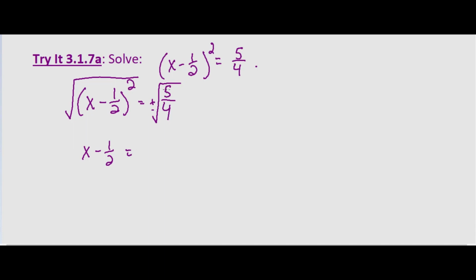Now with this, 5 is not a perfect square. 4 is. So we separate this into plus or minus square root of 5 over the square root of 4, which is just 2. Now we add 1/2 to both sides, and we get x equals 1/2 plus or minus the square root of 5 over 2.